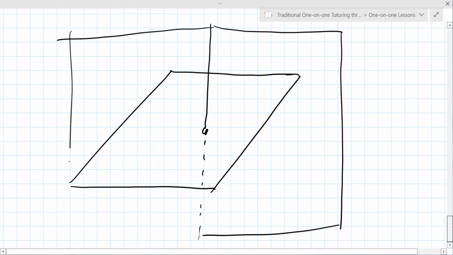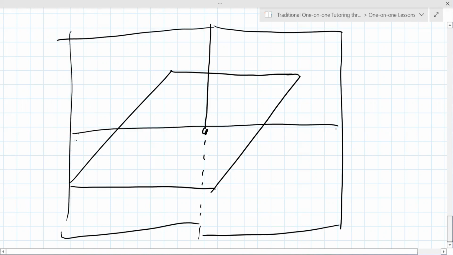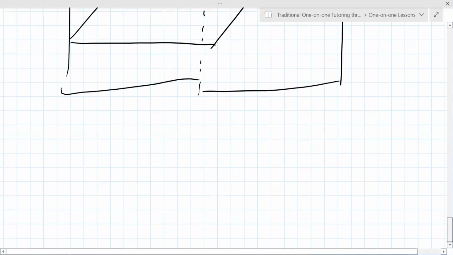Now this thing goes forever this way, but they intersect right there. It's really hard to see, but they do intersect. And so they ask you these sort of obscure questions, like, what does a plane intersecting a plane look like?